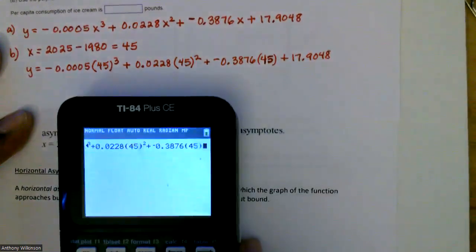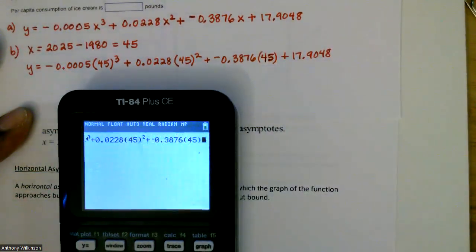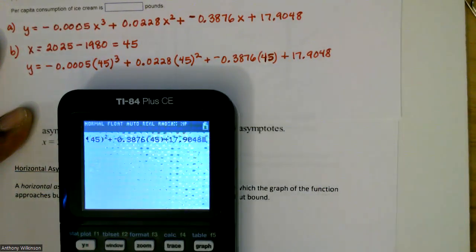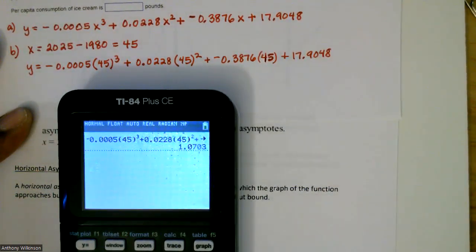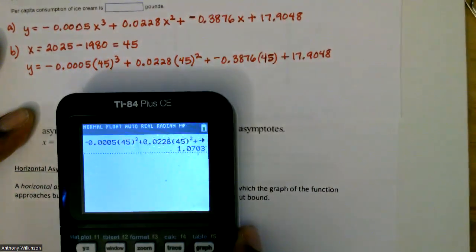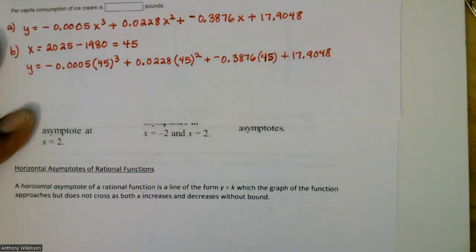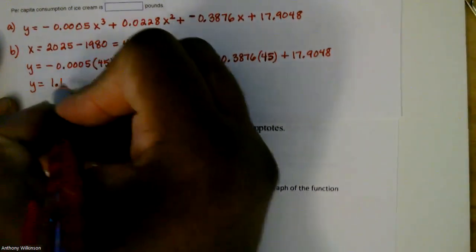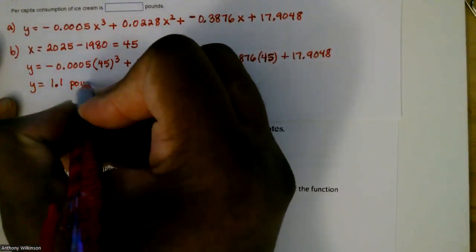Okay. And then plus 17.9048. Now we're going to round this to 1 decimal place, so this will be approximately 1.1. And in this case, it'll be 1.1 pounds of ice cream.